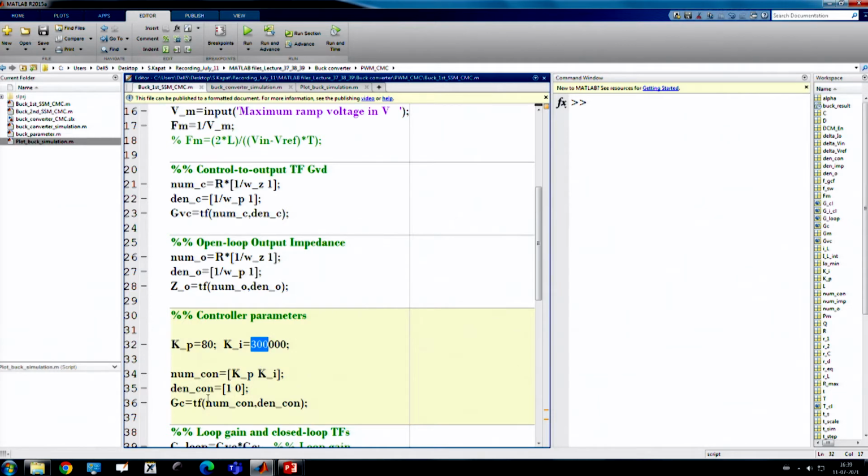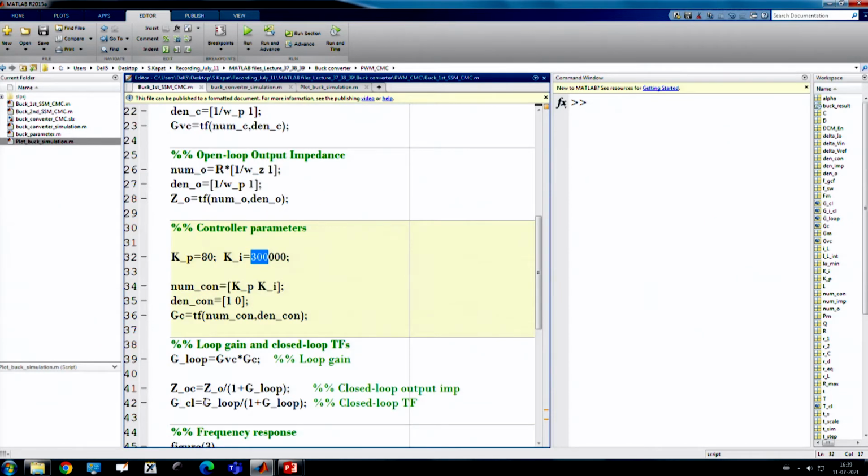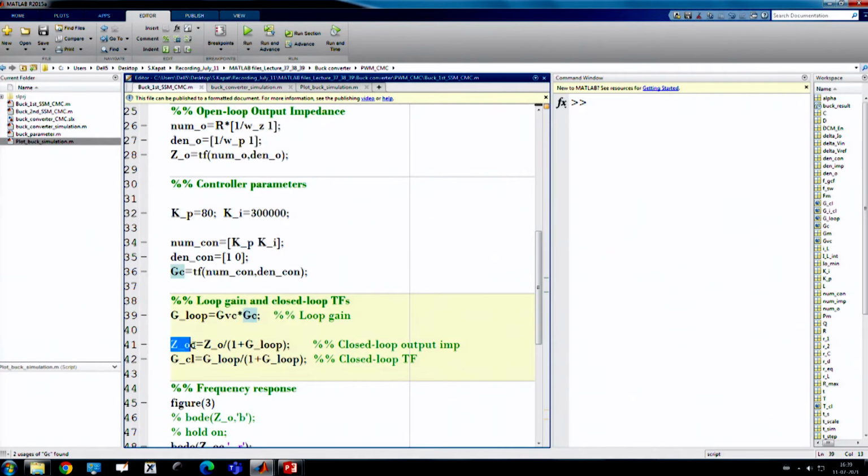So, Kp Ki is just a PI controller. Then the closed loop gain, which is our loop gain, is the product of the control to output transfer function multiplied by your controller. Then what is the closed loop output impedance? It is nothing but open loop output impedance divided by 1 plus loop transfer function. The closed loop transfer function is loop transfer function divided by 1 plus loop transfer function.